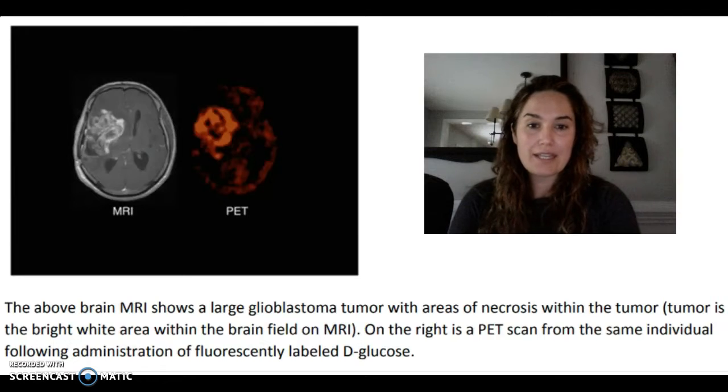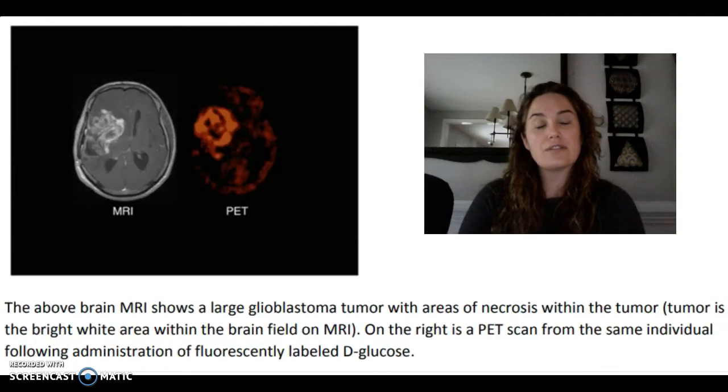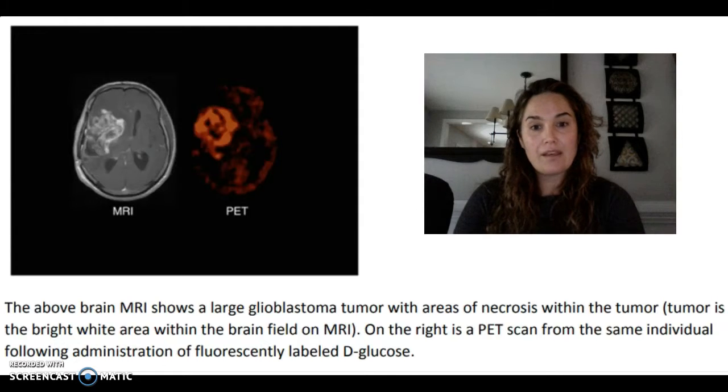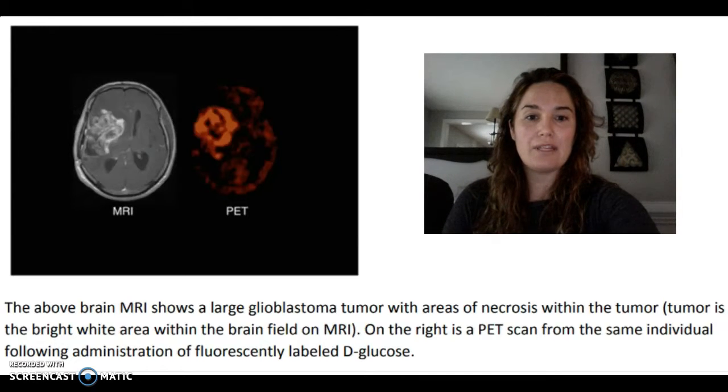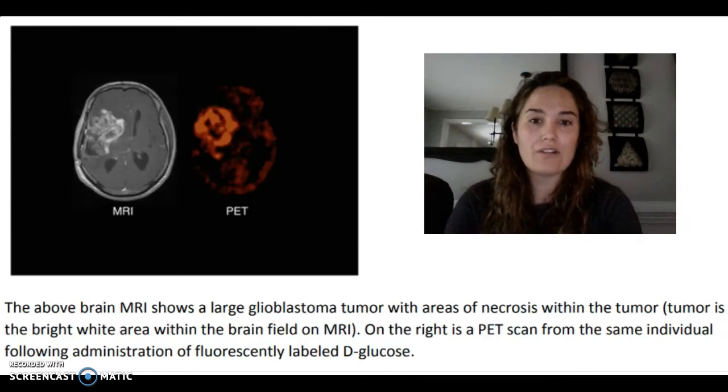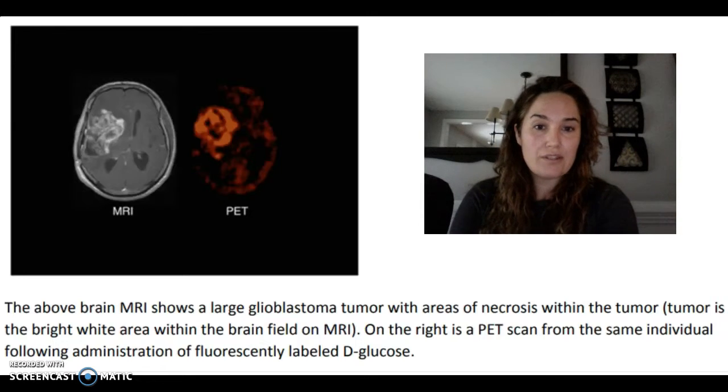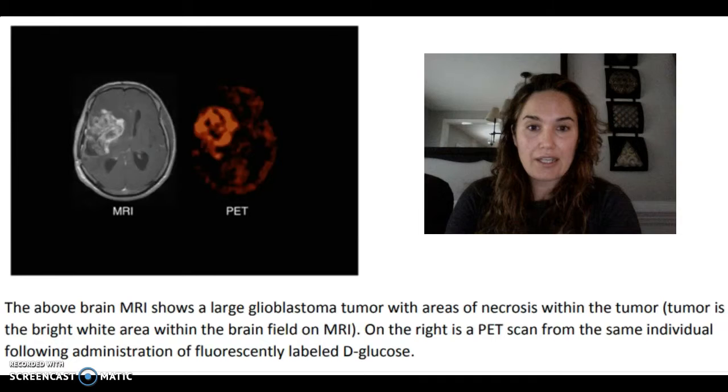The first case that we're going to be reviewing today covers glucose uptake in normal tissues compared to tumor cells. The image that you can see on the screen depicts an MRI image, and this is showing a large glioblastoma tumor with areas of necrosis within the tumor. The tumor, as you can see, is bright white, and that's the area within the brain fields on the MRI.